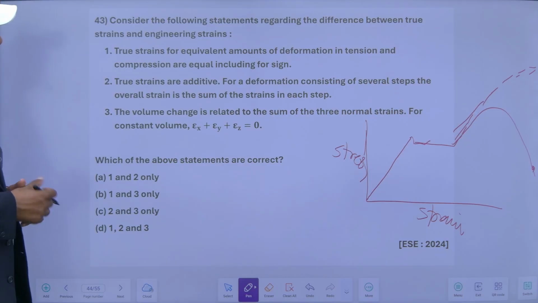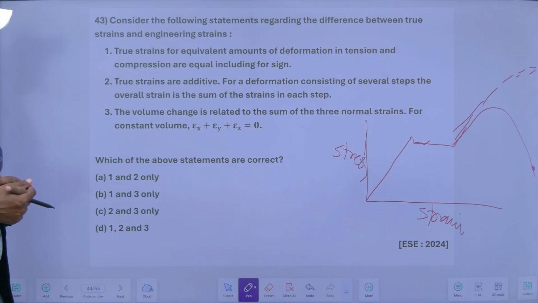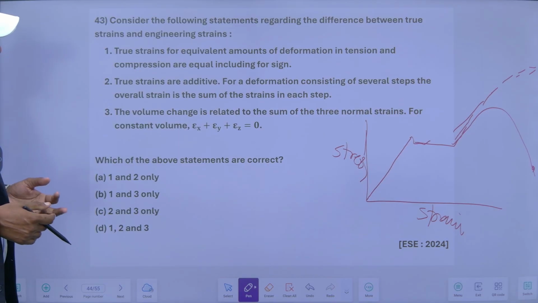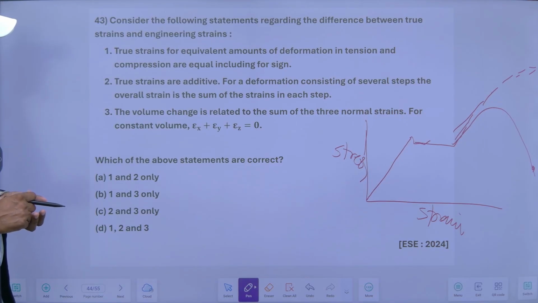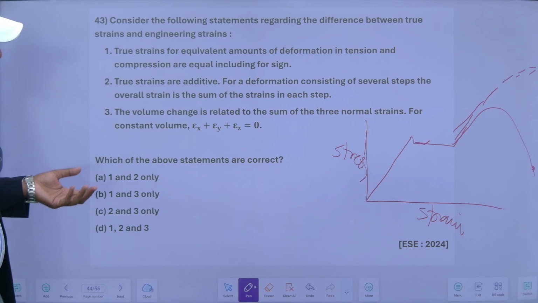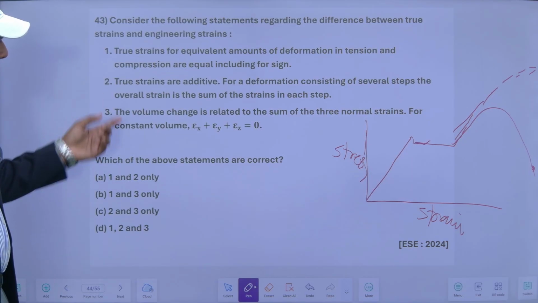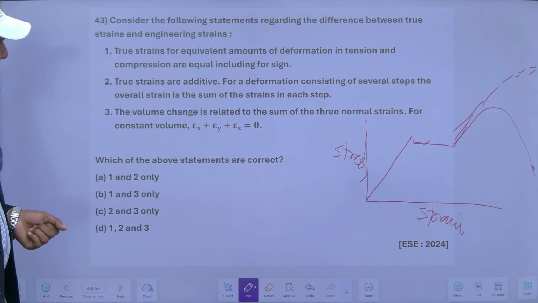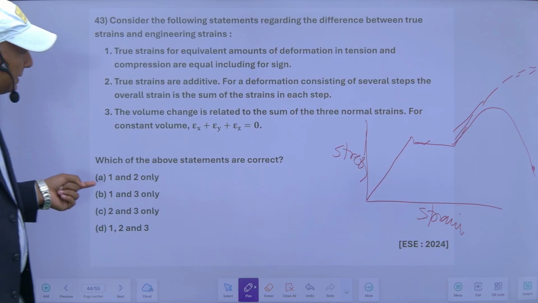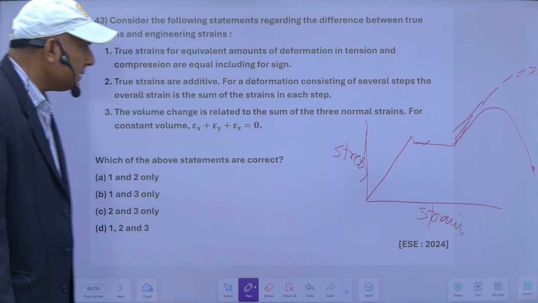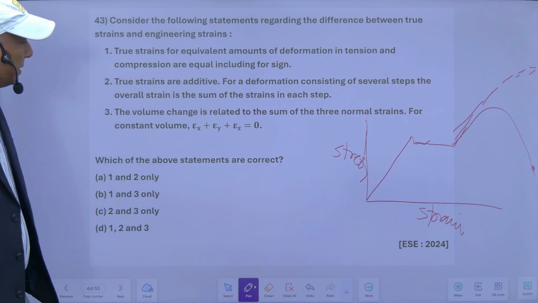True strain for equivalent amount of deformation in tension and compression are equal, including for sign. True strains are additive. For a deformation consisting of several steps, the overall strain is equal to the sum of the strain in each step. So this is correct. The volume change is related to the sum of the three normal strains for a constant volume.